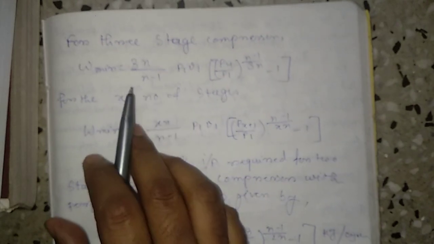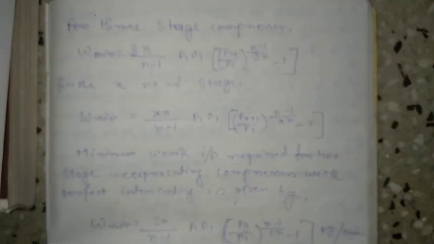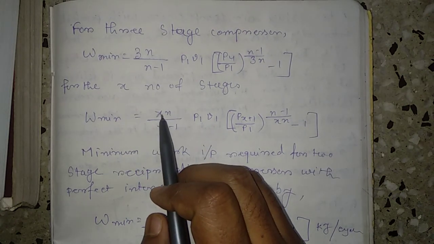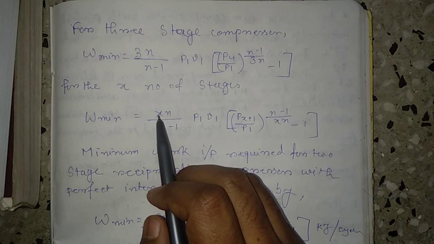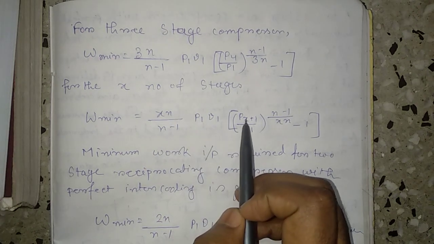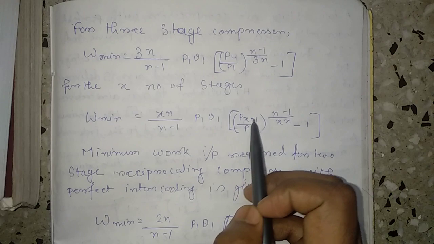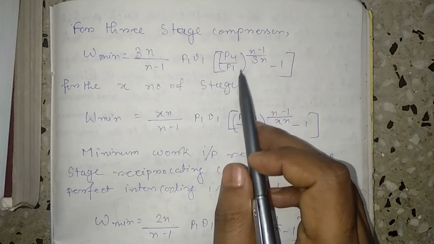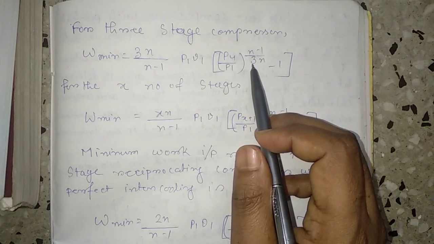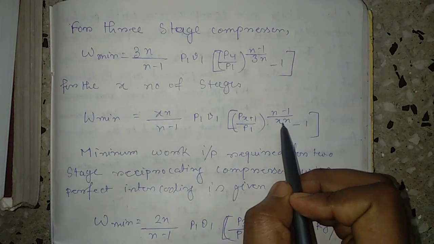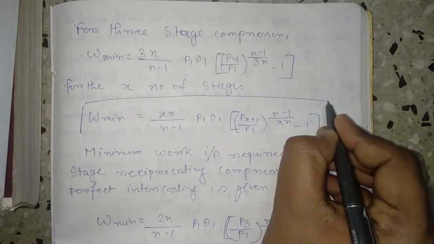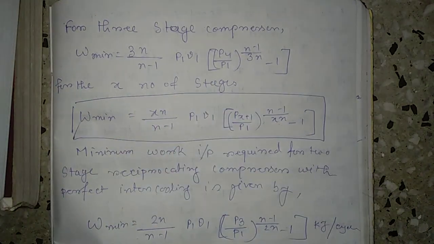You can correlate this expression in terms of x. For 3 stages, put x equal to 3 because the number of stages is 3: 3 into n divided by n minus 1 P1 V1, with (x plus 1)th pressure, so P4 divided by P1, to the power (n minus 1) divided by xn, where x is the number of stages, here 3. So for x number of stages, the expression becomes this one.